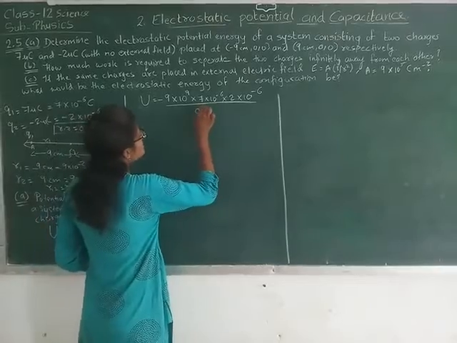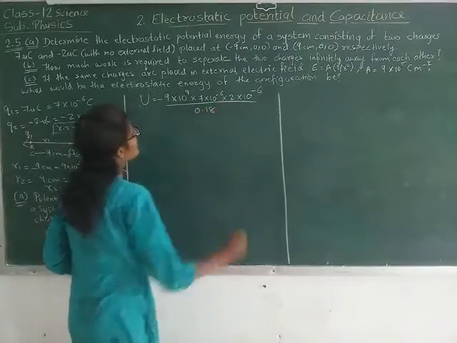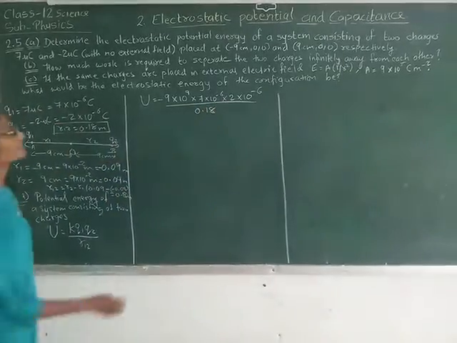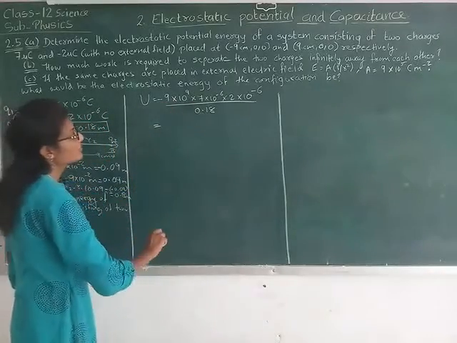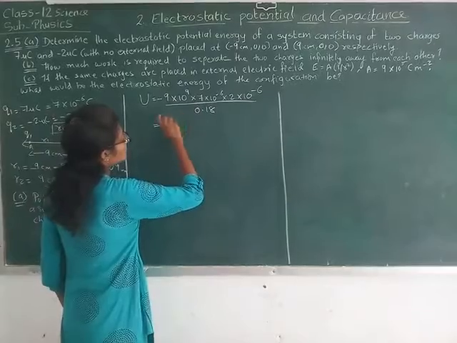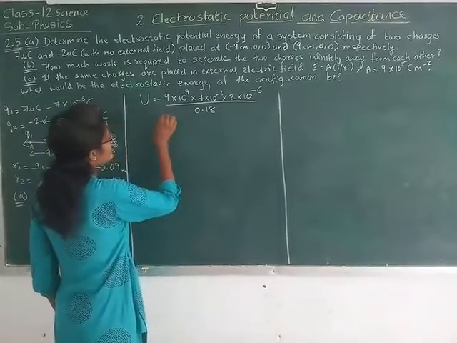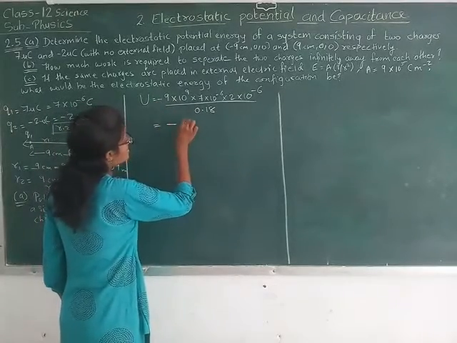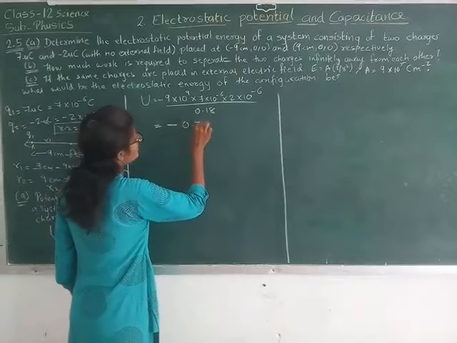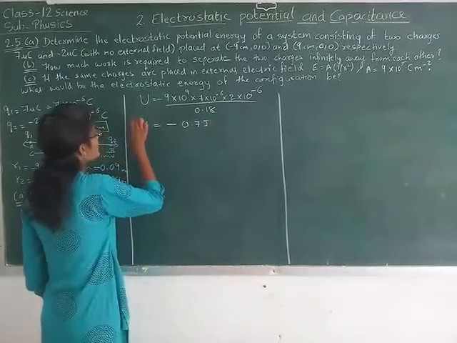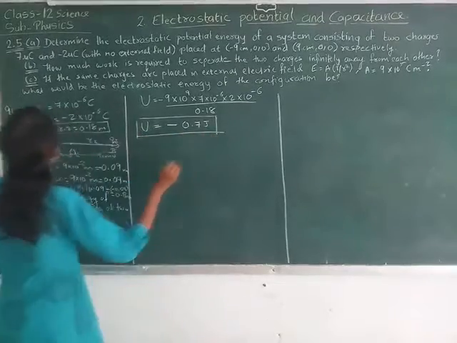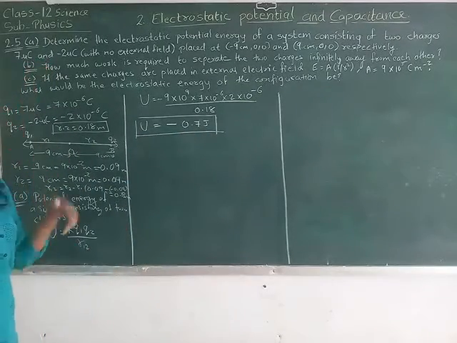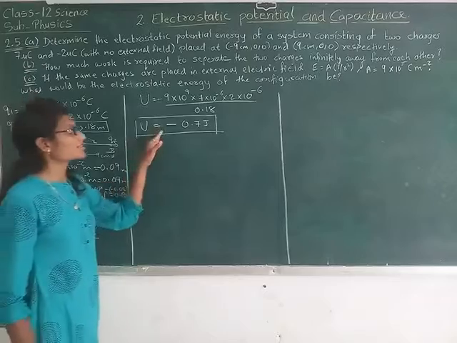So when we calculate this value, we will be getting the value. Here we are having a minus sign, so here minus 0.7 joule.